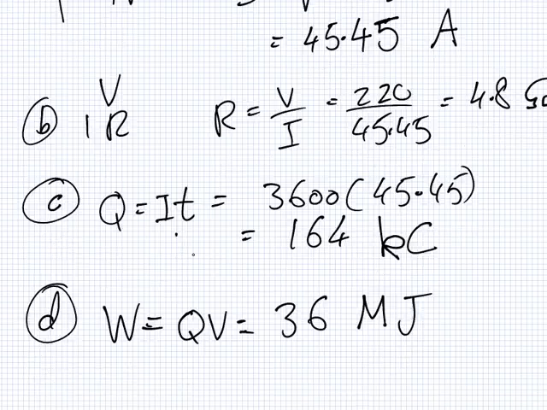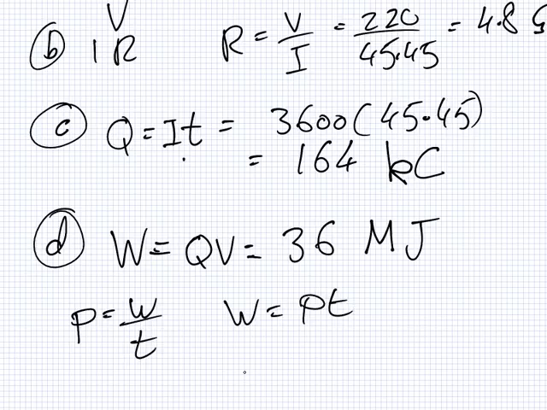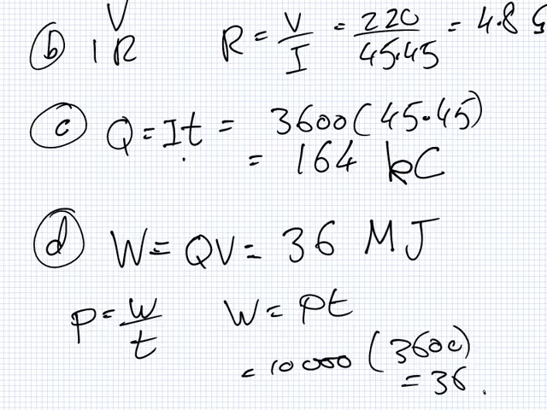Now, there's another way you can find the work, because power is work over time. So you could have done work equals power multiplied by time, which is 10,000 times 3,600, and you get the same answer, 36 megajoules.